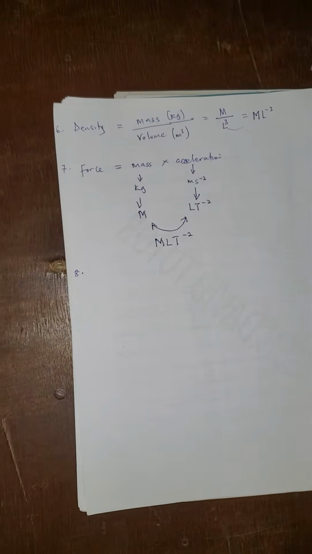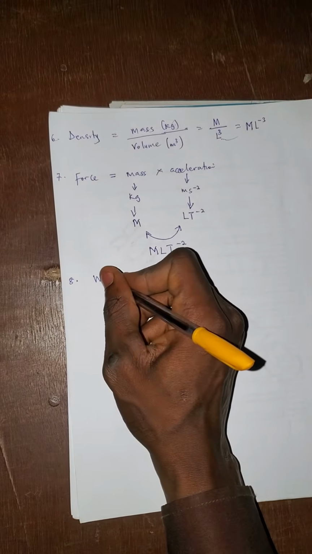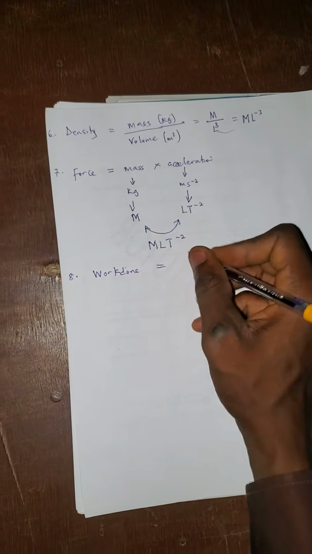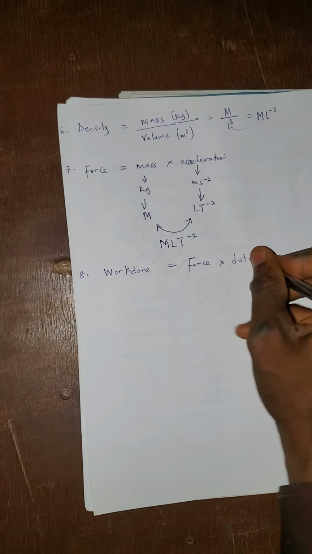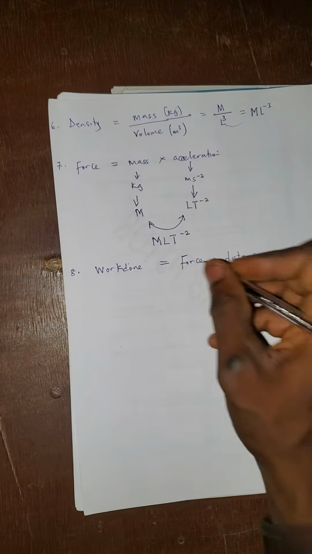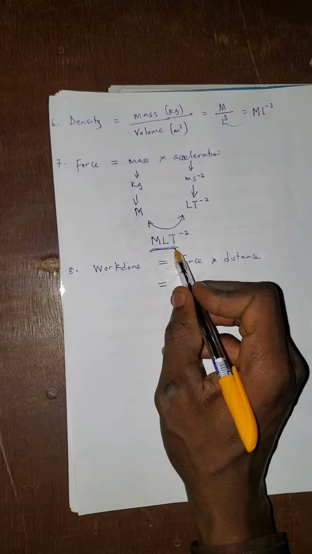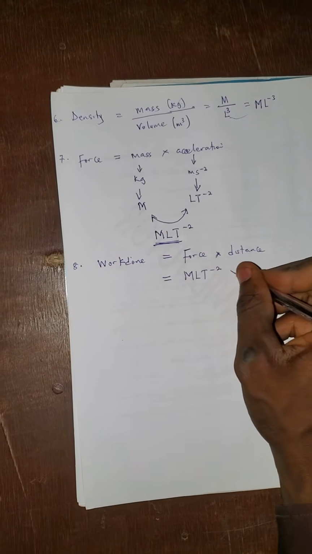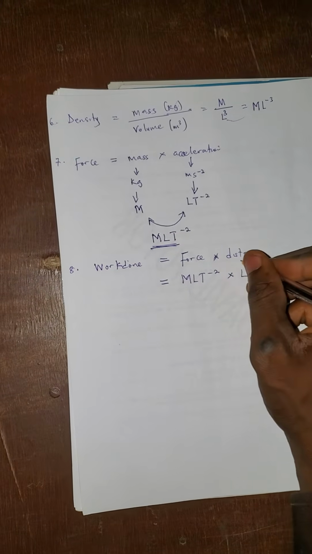Now, number 8. If you are asked to find the dimension for work done, the work done is force times distance. We've calculated the dimension for the force here, and that's MLT raised to minus 2, multiplied by the distance, which is L, because it is measured in meter.